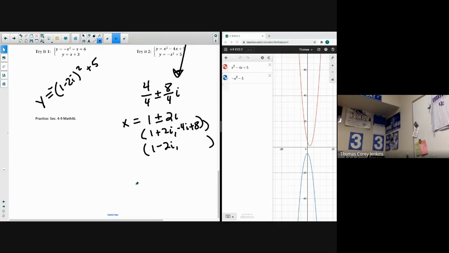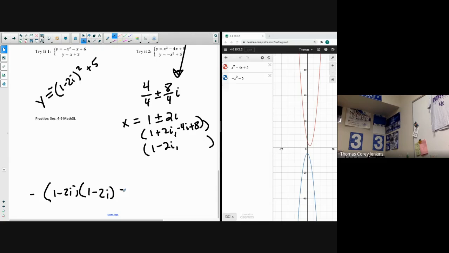Like I said, just a reminder, this won't be on the test, but just kind of showing you how these complex solutions could be kind of a mess. So then we have -1 minus 2i squared. Let's go ahead and write that out as 1 minus 2i times 1 minus 2i.